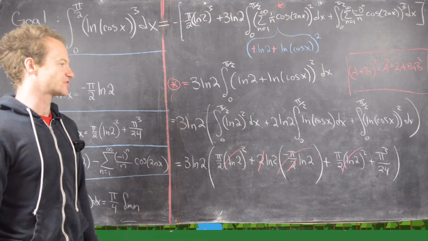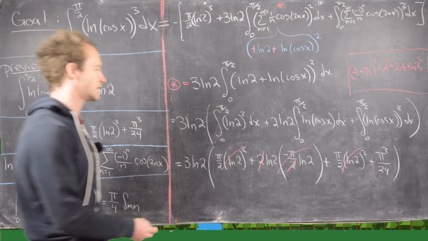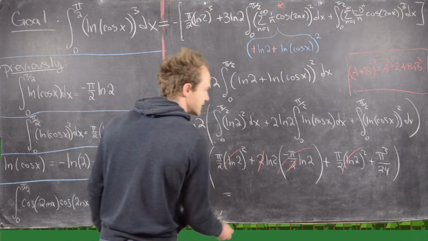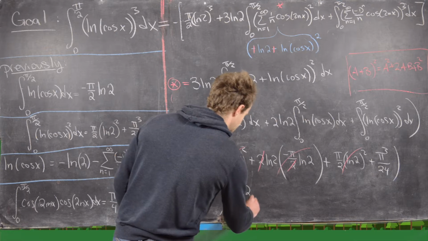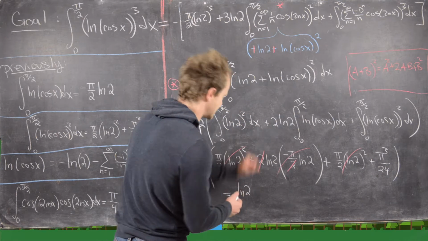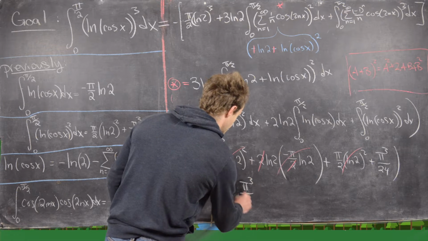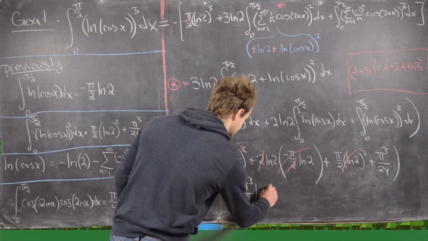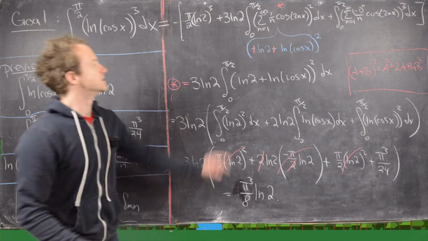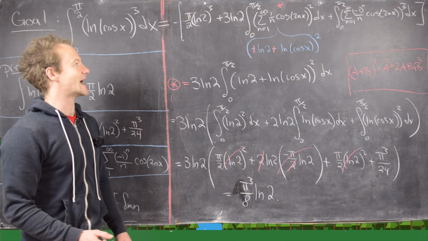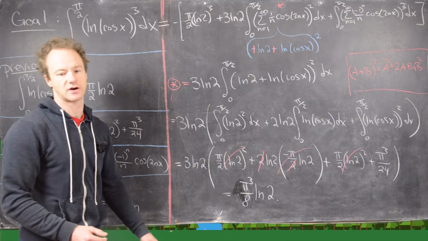Then we've got 3 natural log of 2 times that. Well, 3 over 24 is obviously 8. So let's put it in this order. That's going to give us pi cubed over 8 times natural log of 2. So that means we can replace that second integral with this term.